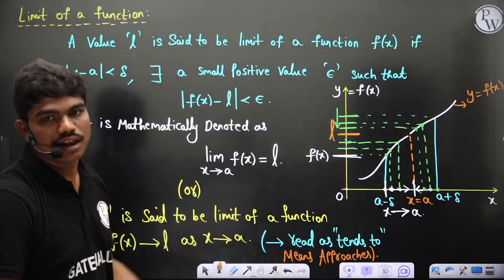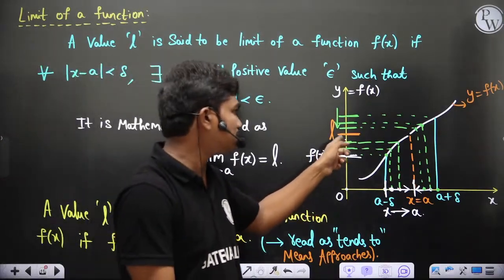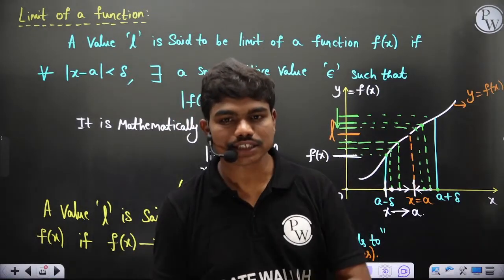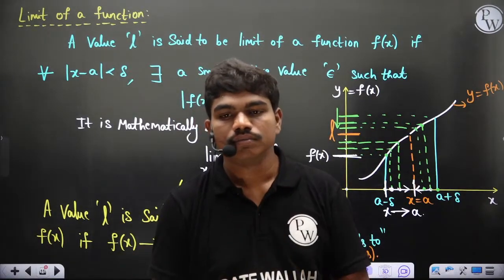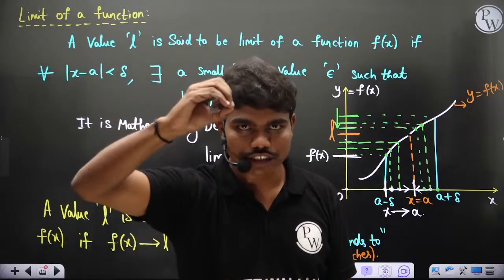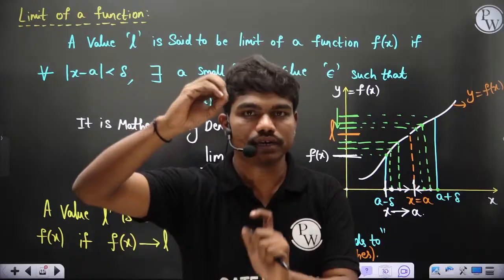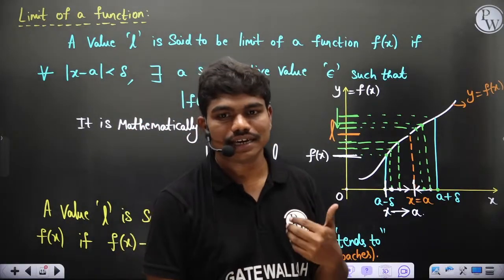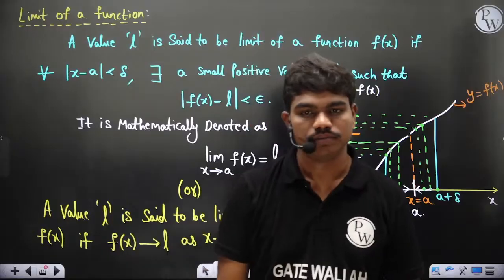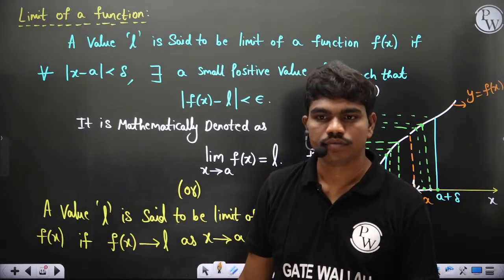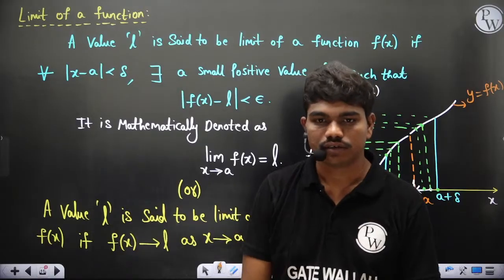Is this concept of limit clear to all of you? Limit is that real number to which the function approaches as x approaches a particular value. That value L is declared as the limit of the function. Is this clear or not?